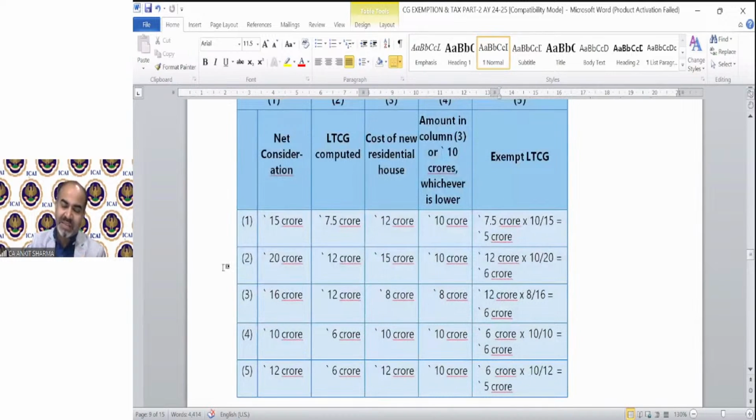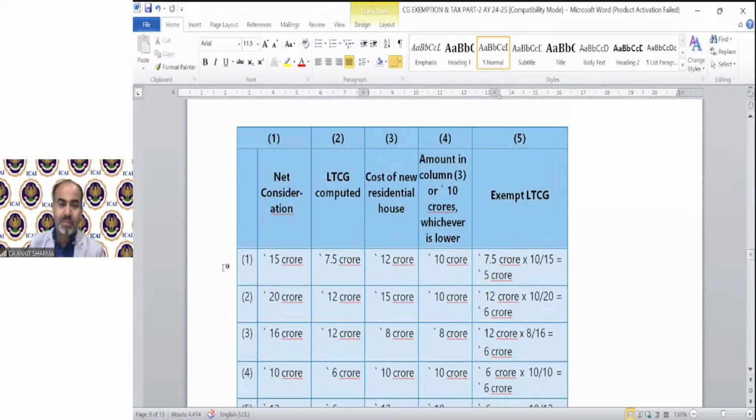The example is exactly the same as we discussed in section 54, but in this section 54F, the exemption will be proportionate. You can see case number 1, net consideration is 15 crore. Long term capital gain is 7.5 crore. Investment is 12 crore, so maximum investment will be restricted to 10 crore.